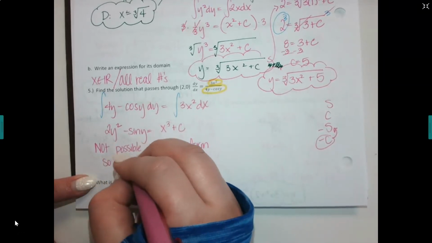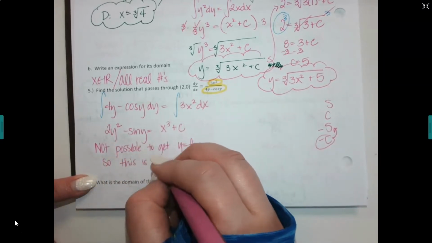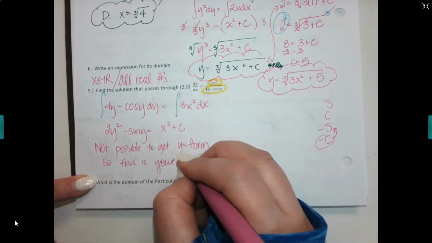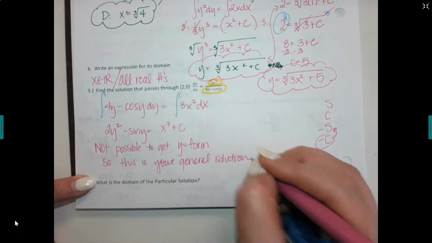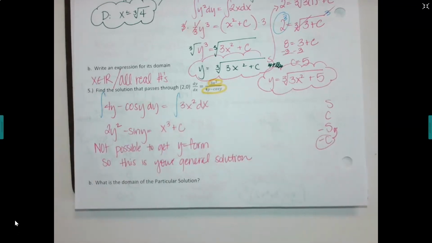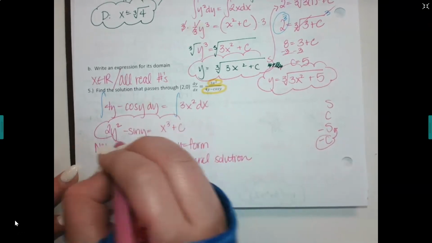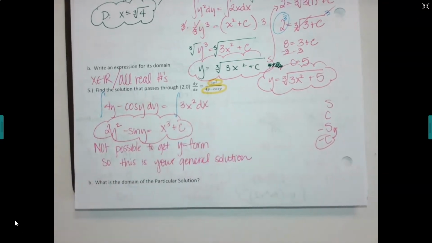So this is your general solution. You don't have to write that down. I'm just putting it in here in case you look back at it. The reason I get to leave this is it's not possible for me to get y by itself anyway. So that's my general solution, but I can still find my particular solution even if it's not solved.